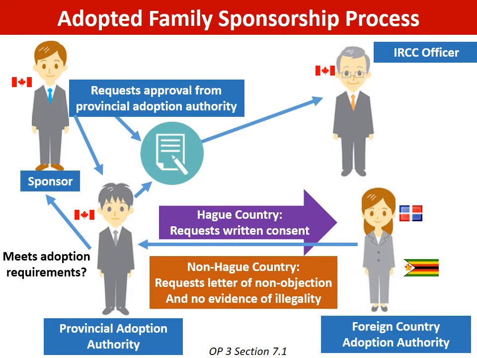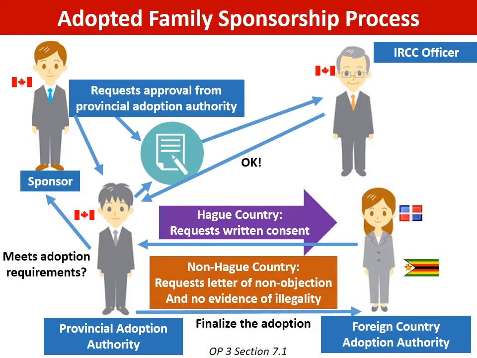Now that would go to the IRCC officer, and if everything's okay, he would inform them that everything's okay in terms of the immigration side. Finally, the provincial authority would work with his counterpart in another country to finalize the adoption.